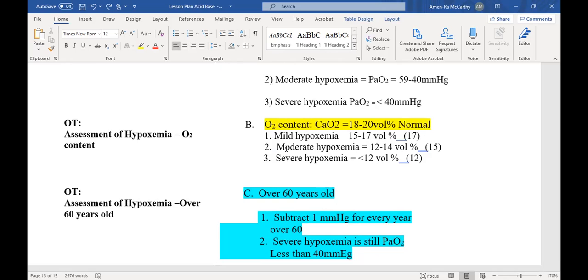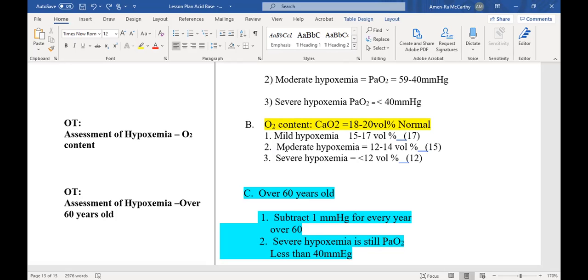Okay? What if Mr. Johnson has a total O2 content of 19 and he's on 40% oxygen? Correct it, because it's now in normal range. 18 to 20 volume % is normal range. So if it's 19, it's normal. Okay.